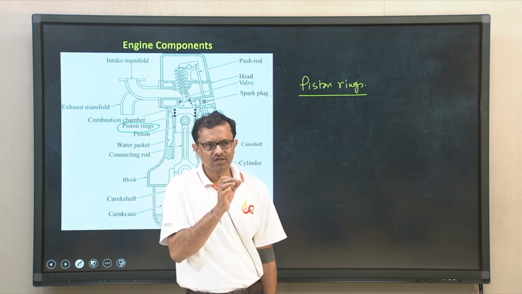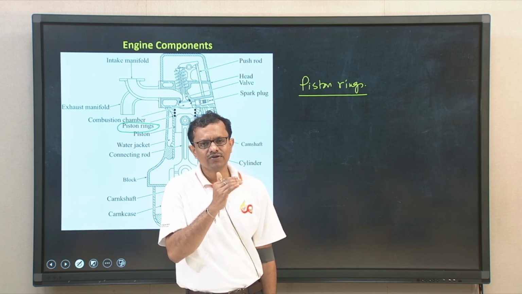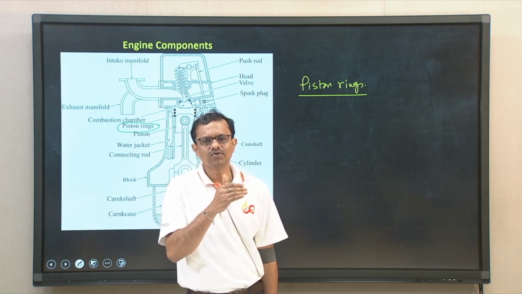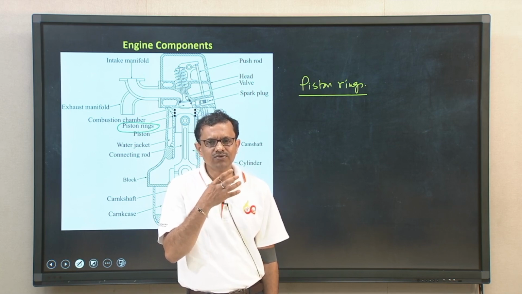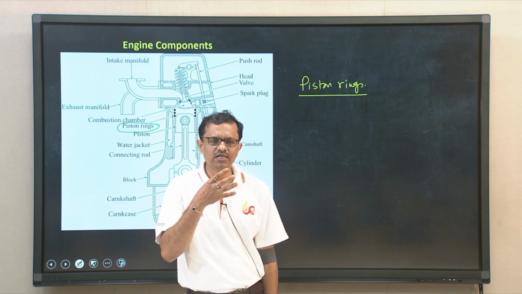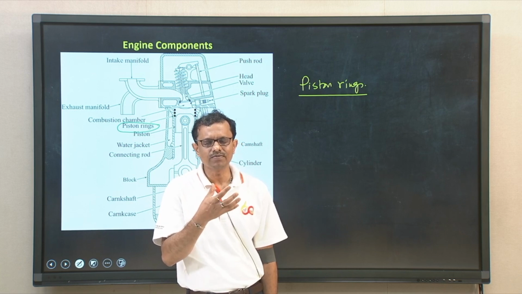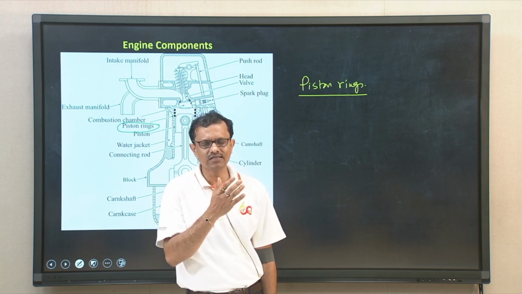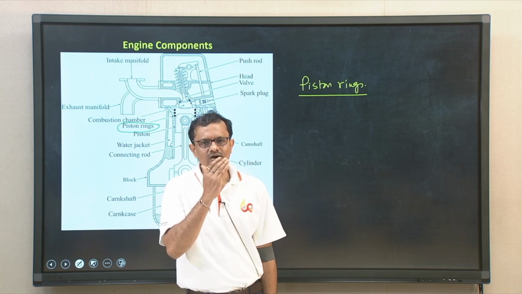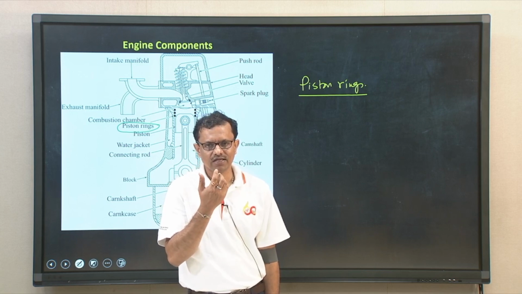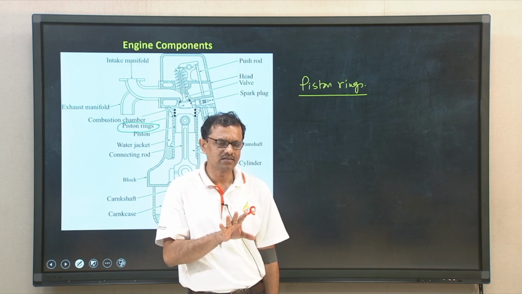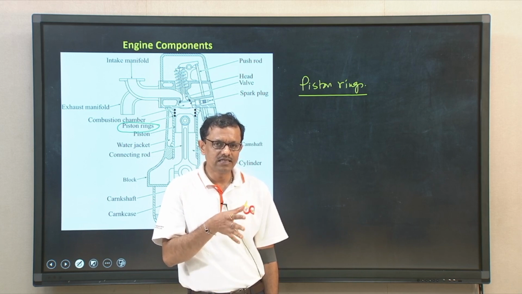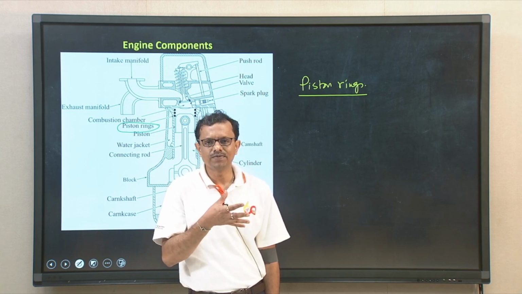So, we need to reduce friction and wear so as to increase the life of the piston. We need to provide some piston rings on the outer periphery of the piston, right. And so, piston rings increase the lifetime of the piston.